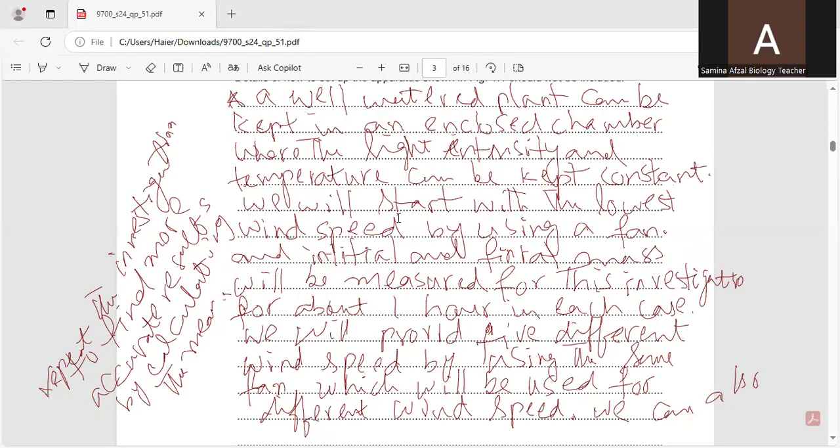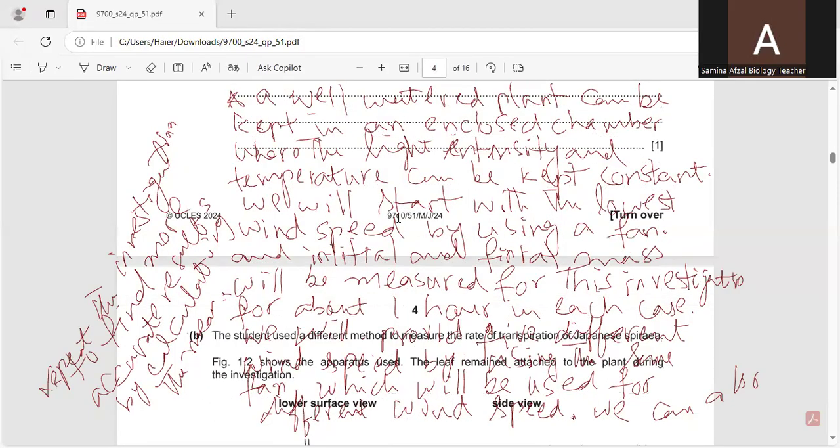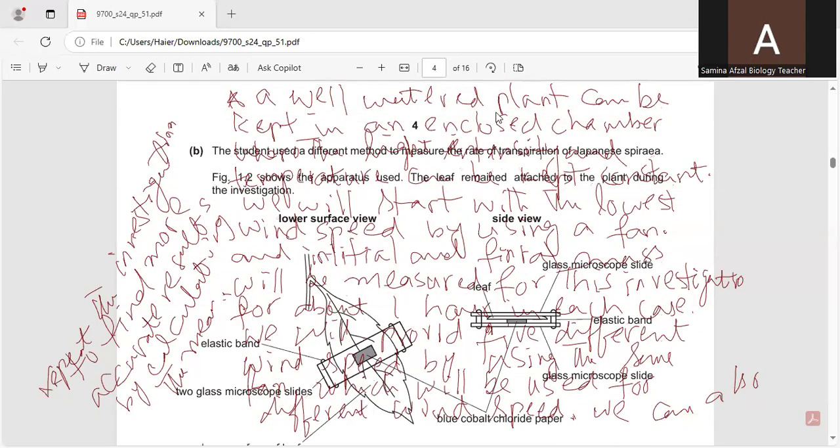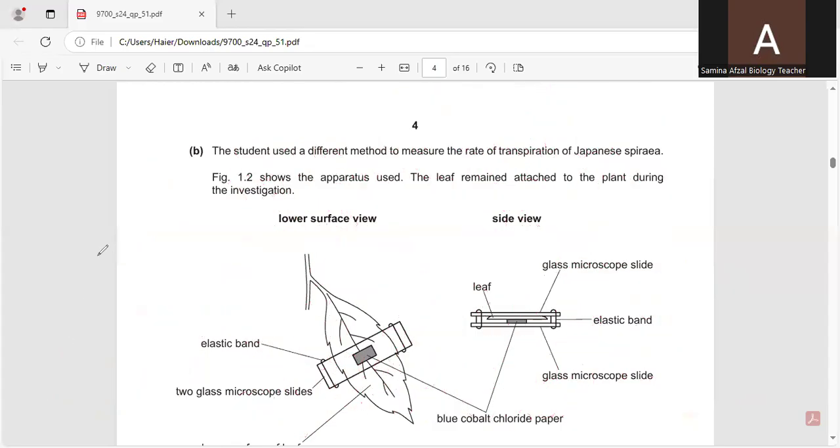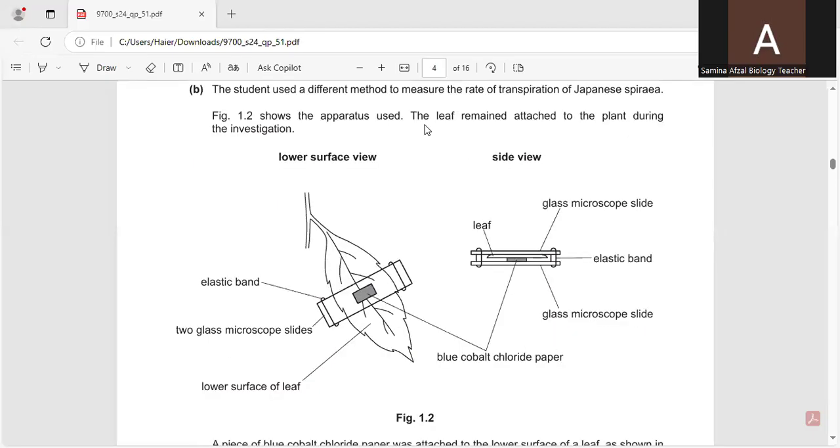Now we are moving towards the next question. The student used a different method to measure the rate of transpiration of Japanese spirea. Figure 1.2 shows the apparatus used. The leaf remained attached to the plant during the investigation.